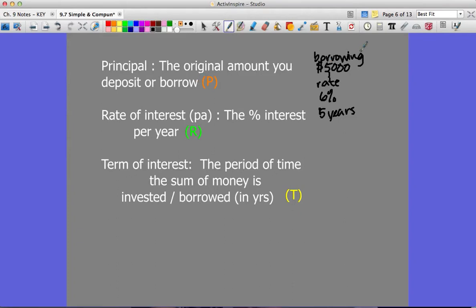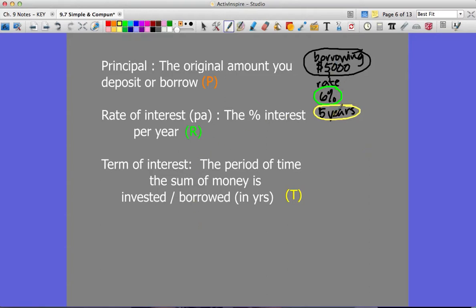For principal, you would circle borrowing 5,000, for rate, you would circle 6%, and for time, you would circle 5 years.